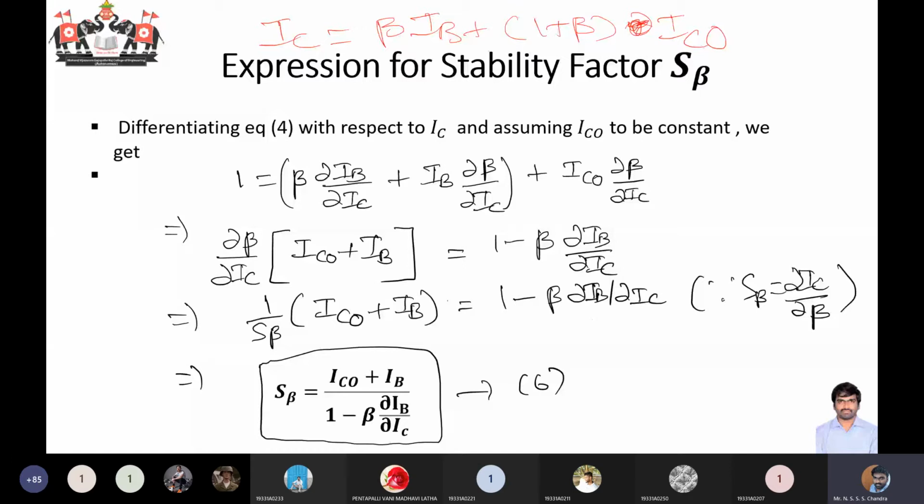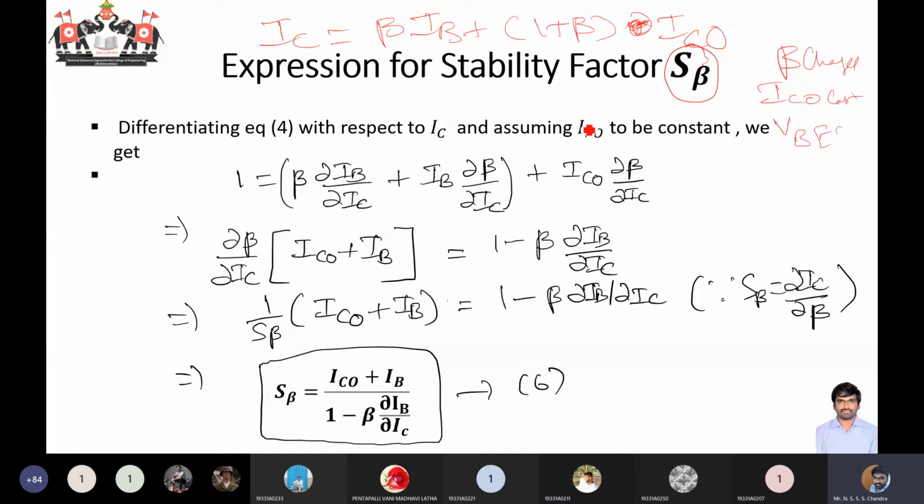But when you are defining S beta, which parameters will be changing and which will be constant? Beta will be changing, the other values are constant. So beta changes, IC0 is constant, VBE is constant.